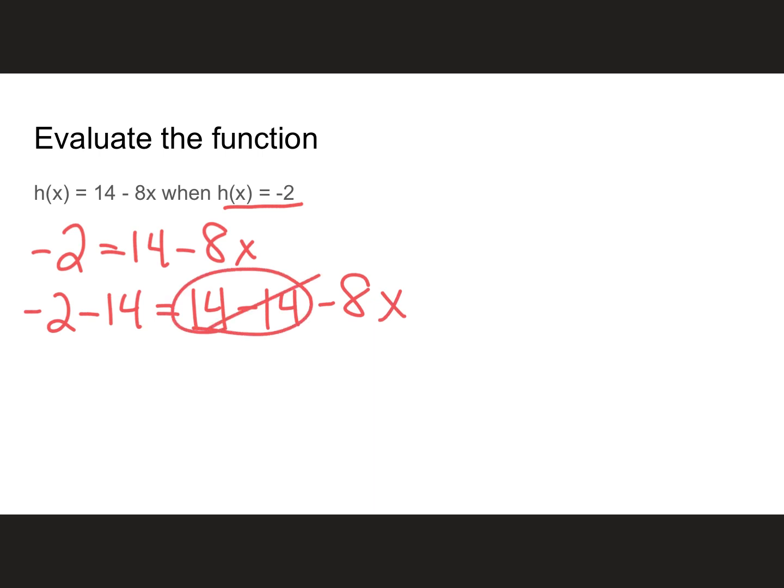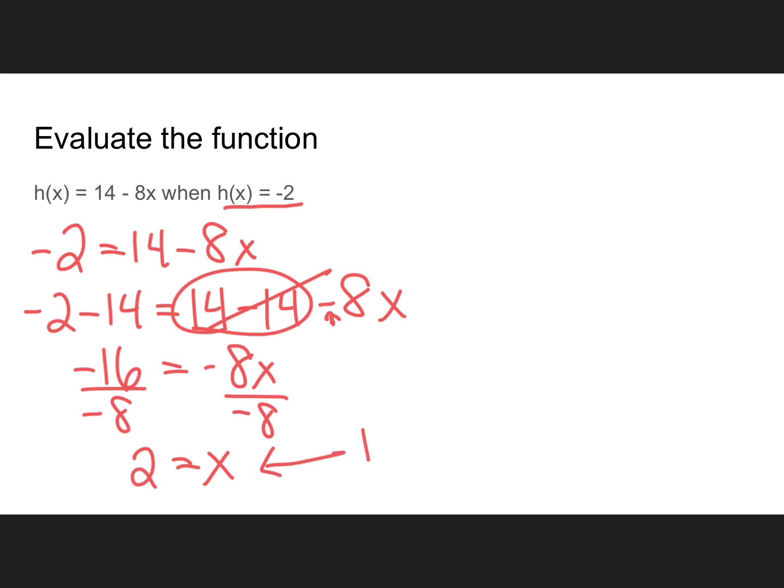These are going to cancel. Negative 2 minus 14 gives me negative 16 equals, don't forget, don't lose this negative, equals negative 8x. I'm going to divide both sides by negative 8. And I get 2 equals x. Again, that is my input for my given output.